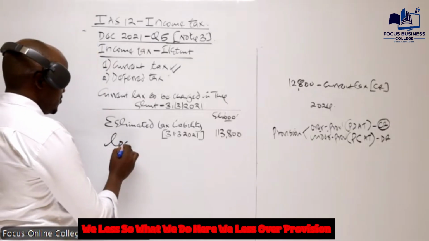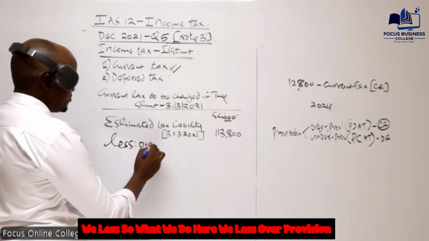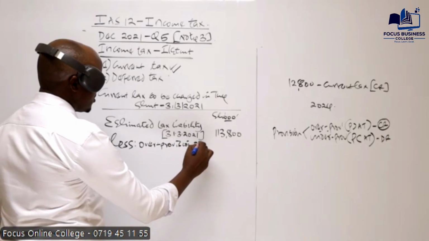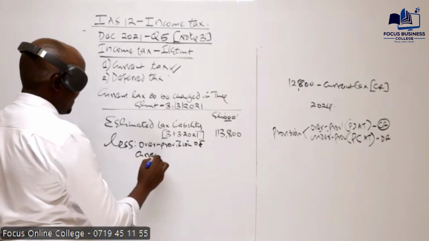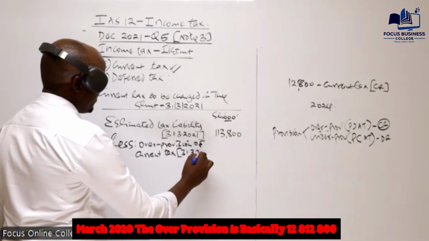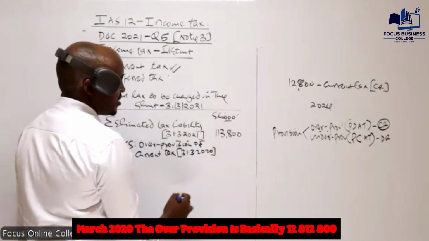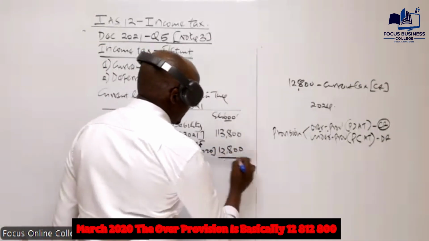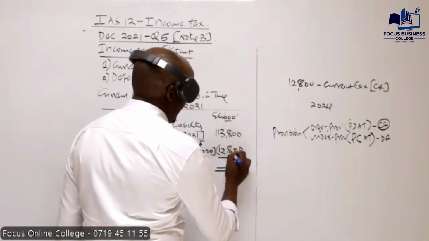We less. So what we do here, we less over provision of current tax for the year which ended 31st of March 2020. The over provision is basically 12,800. We less it there.